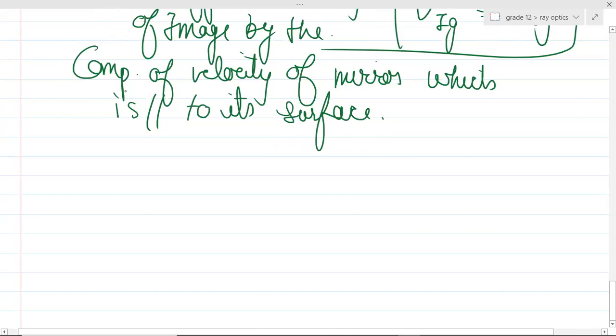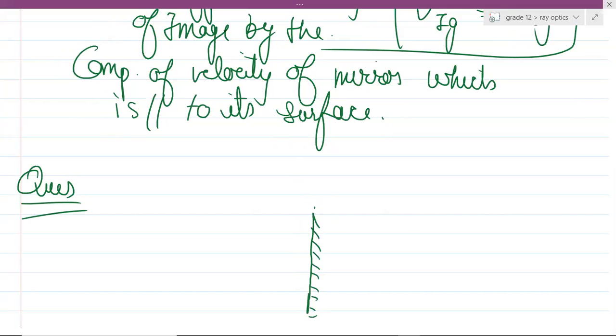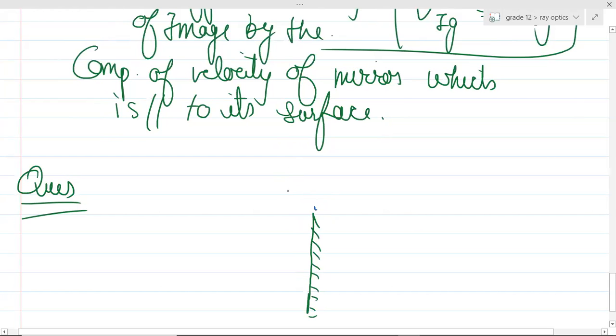Now suppose the question is like this. There is a very long mirror, which is placed like this, and the mirror has a velocity, I'll draw like this. So the mirror moves in this direction with a velocity of 5 meter per second at an angle of 30 degrees.